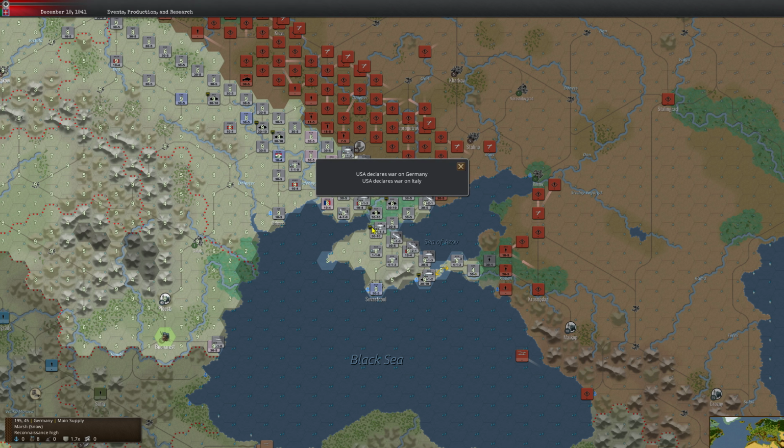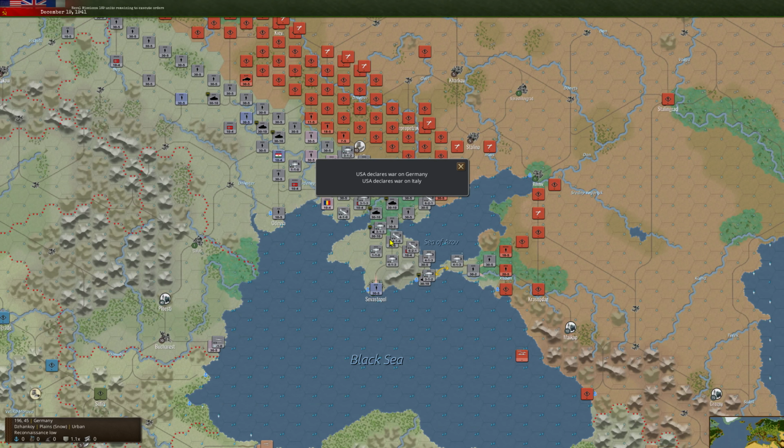It's December 19th. USA declares war on Germany. Okay. Why'd they do that? I didn't declare war on them. Now see, that's not anywhere near historical. Because technically, the Germans weren't obliged to declare war on the U.S. on Japan's behalf, because their tripartite agreement said that if Japan is attacked, well, they weren't attacked, they attacked.